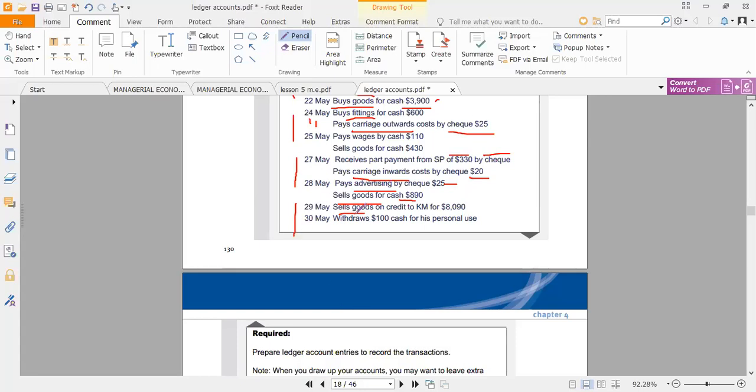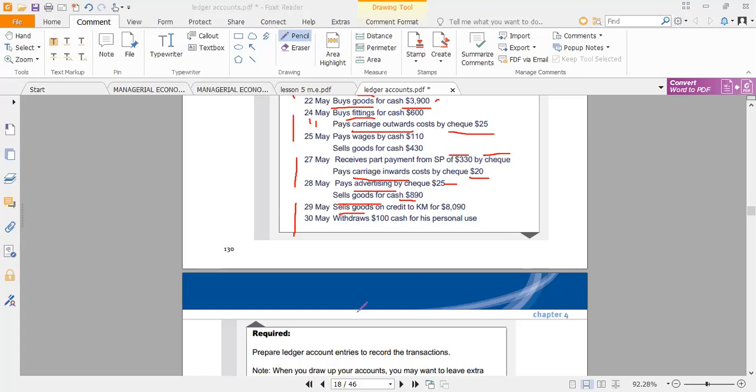Then when we go to May 29, sales goods on credit to KM. What is happening here? The bank account is being affected, isn't it?